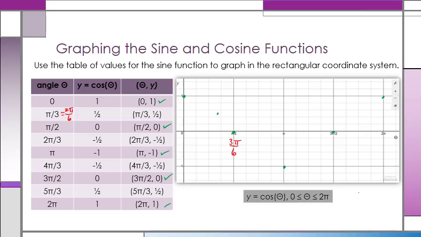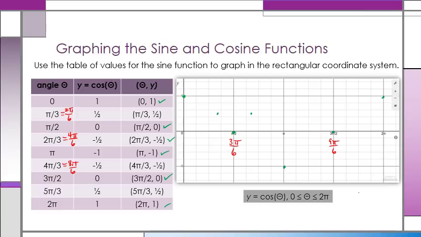And 2 pi over 3, let's see, 2 pi over 3 is the same thing as 4 pi over 6. So just on the other side of 3 pi over 6, I'm at 1/2. Make sure you can see that. 4 pi over 3 is 8 pi over 6. So let me see here. 3 pi over 2 is 9 pi over 6, correct?